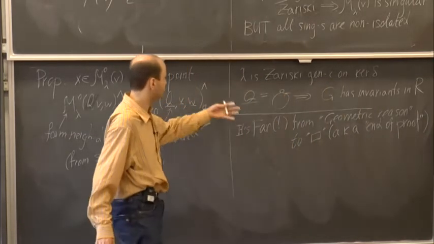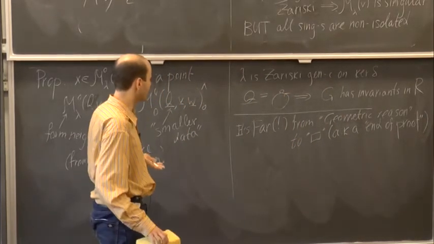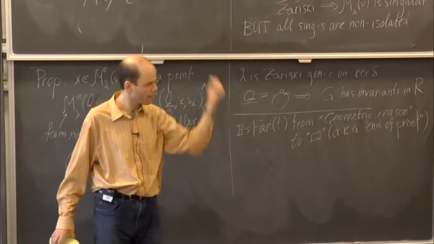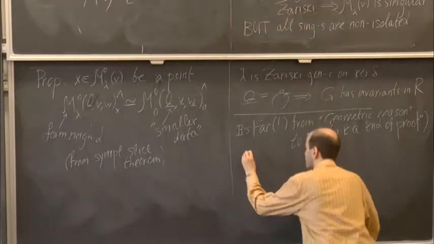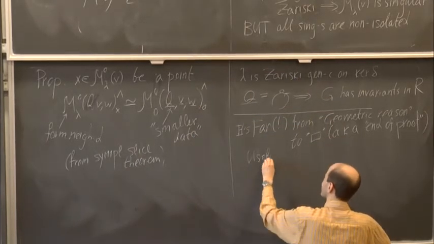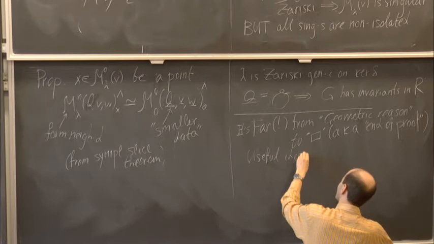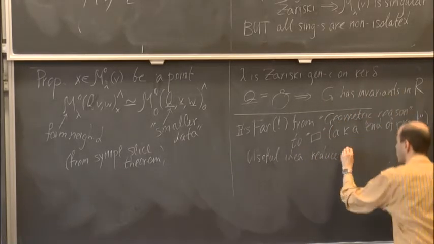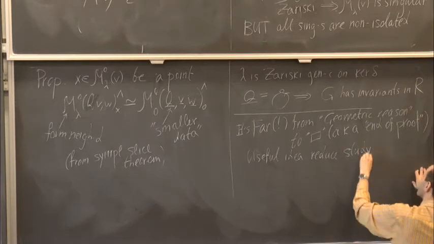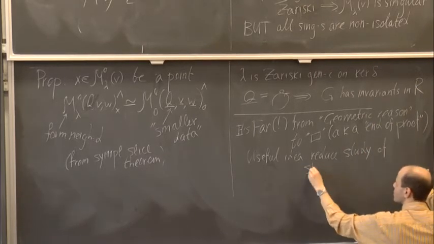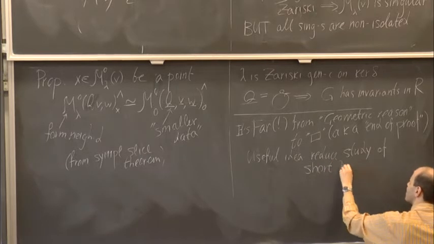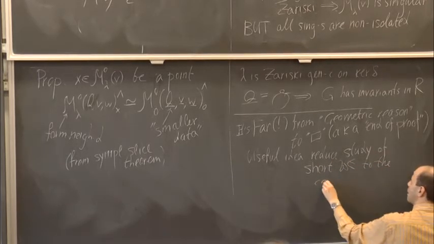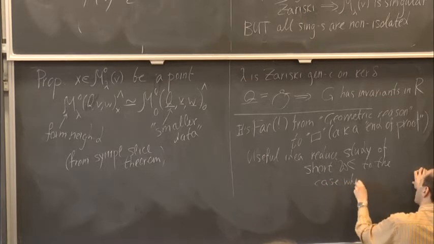But this kind of construction gives you an idea of what you should do. So let me recall this useful idea. You try to reduce the study of this short wall crossing functor to the case when Q has one loop.